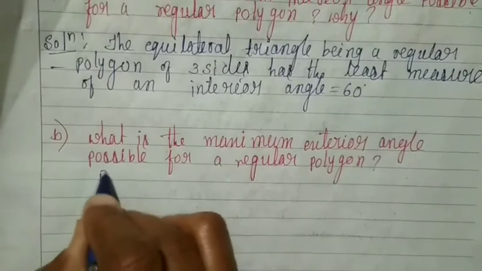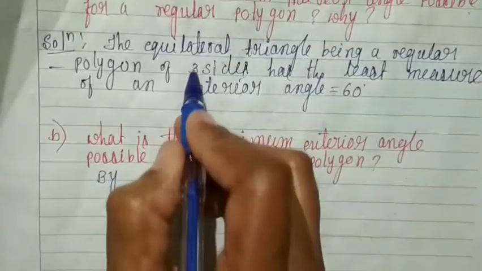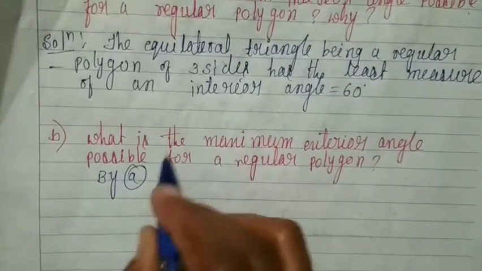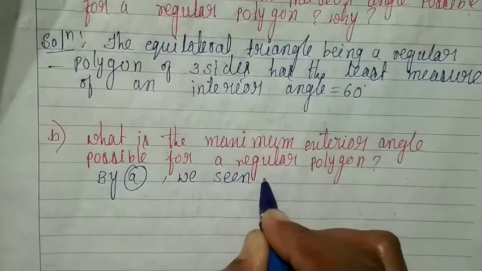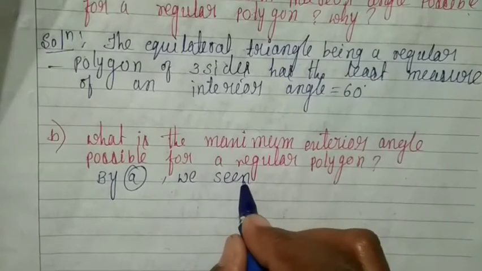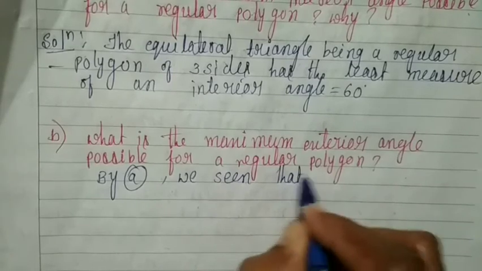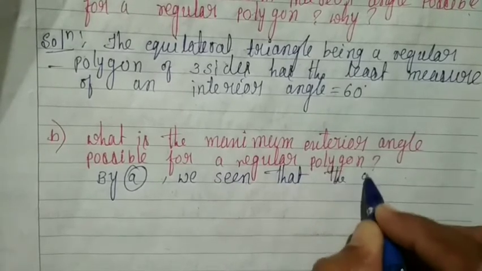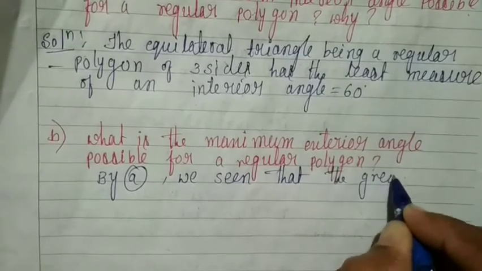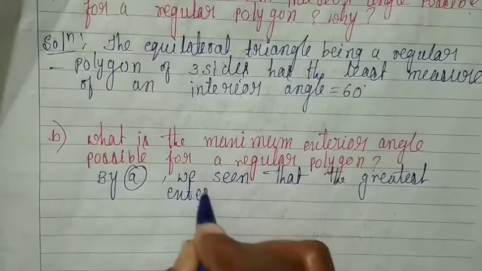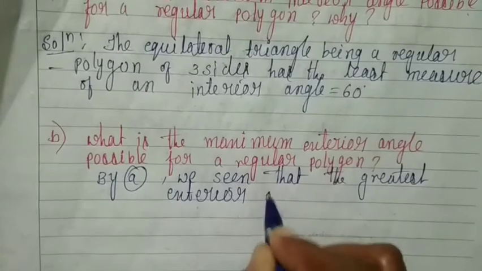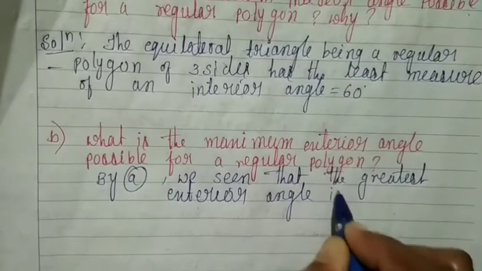By A, we can see that the greatest exterior angle is 120 degree.